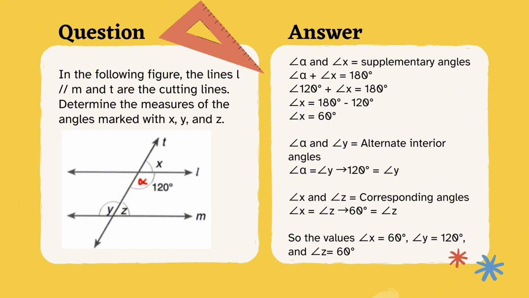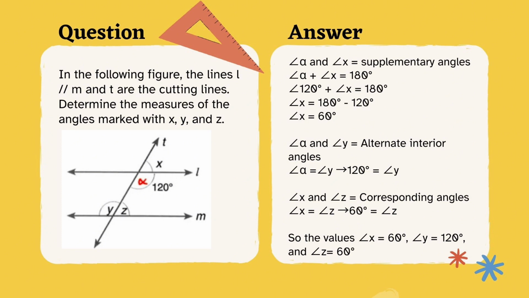So let's say here that the angle whose measure is 120 degrees is angle alpha. Then we look at angle x and angle alpha, which are supplementary angles, where in supplementary angles the sum is 180 degrees.